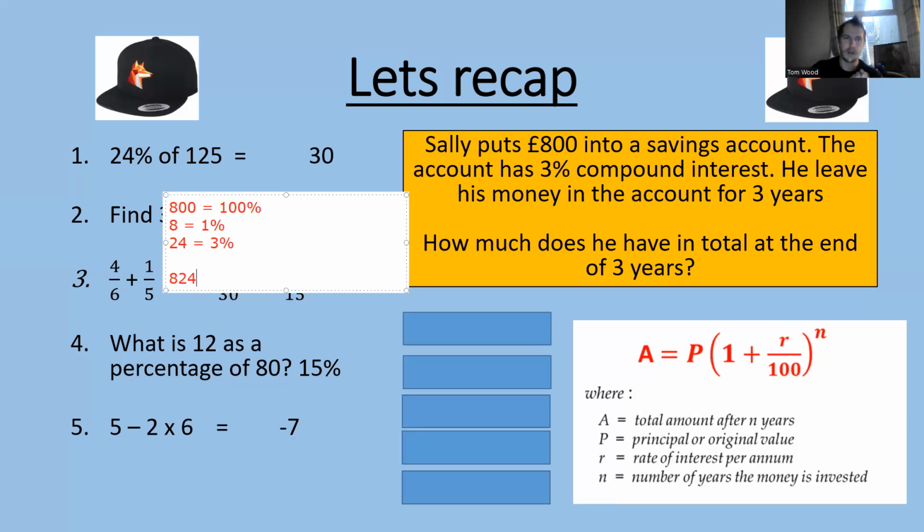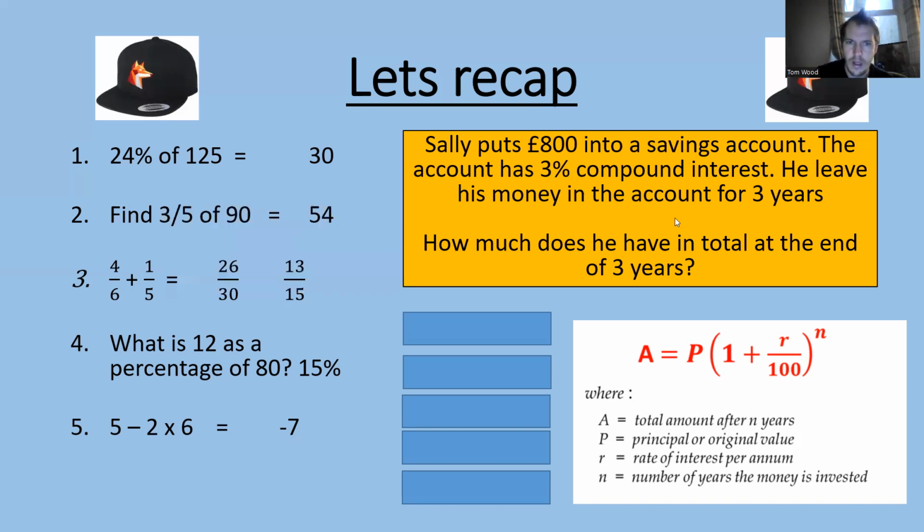So over these 3 years, Sally will just gain £24, £24, £24. With compound interest, it'll be £24 the first year. Next year, it'll be 3% of 824. The following year, it'll be 3% of whatever that may be as well. So all you have to do with this question, although it can look a little bit difficult, is just repeat those steps over and over again.